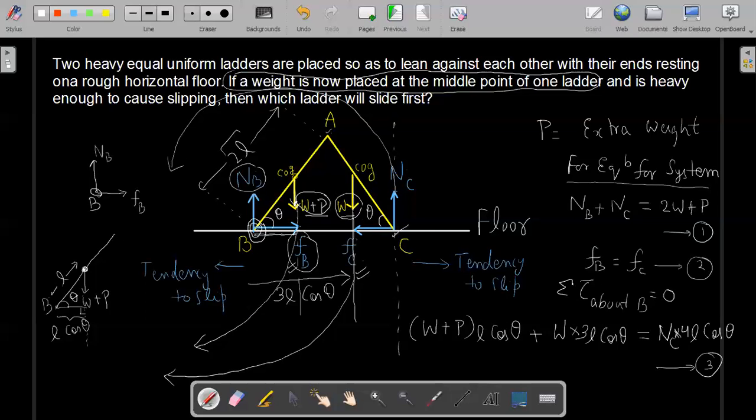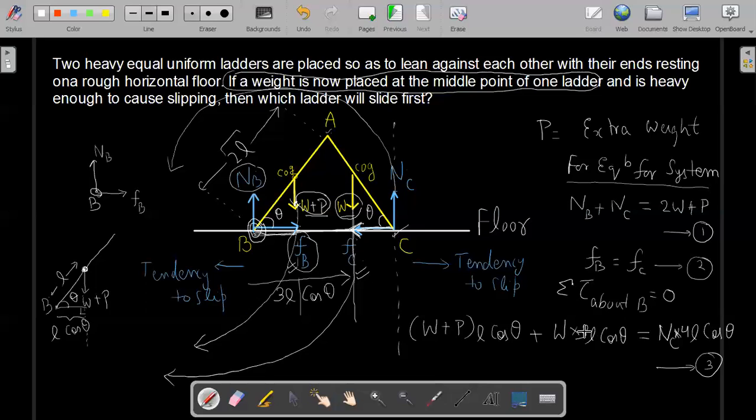One more point, this friction force at point C will not generate any torque. The reason is that the friction at point C is directed to the left side, and if you extend the line of FC, it will pass through point B. So it cannot generate any torque about the point B. Any force which passes through the reference point about which you calculate the torque gives no torque about that specific point.